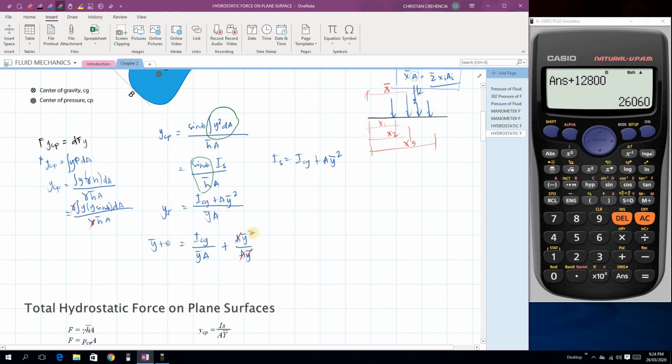Okay, but we have y bar on the left side too, so we can cancel. Okay, so then we can say that the distance E is equal to the moment of inertia about the center of gravity over the area and our y bar.